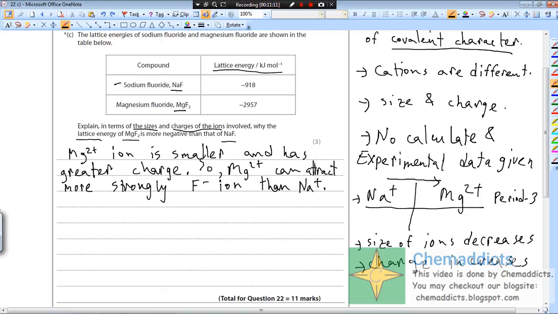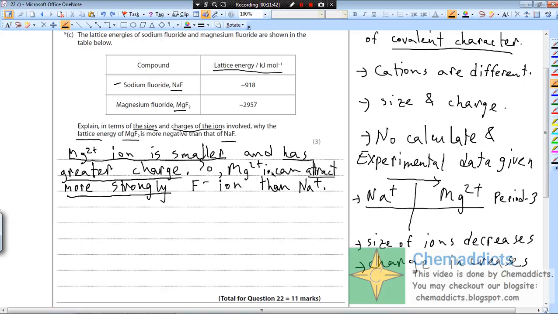For 3 marks there should be 3 points for this question. The first point is the magnesium ion is smaller and has greater charge. Then the magnesium ion can attract fluoride ion more strongly than sodium ion.